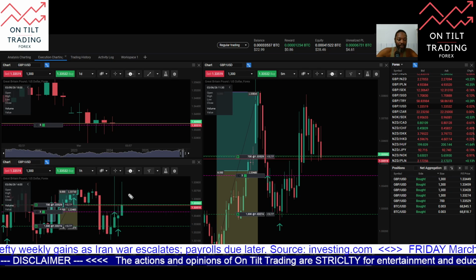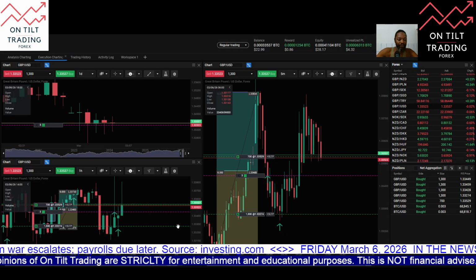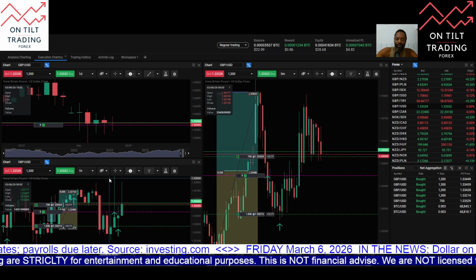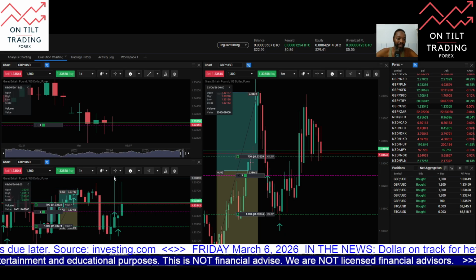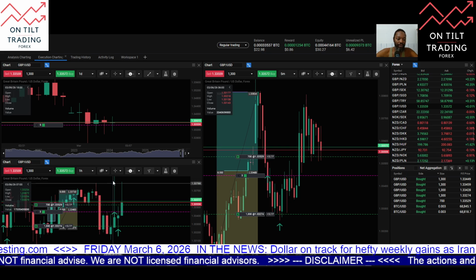So this is why I believe that price is having a difficult time, or appearing to have a difficult time, to get back to this level, just because the structural break was weak, it wasn't strong.